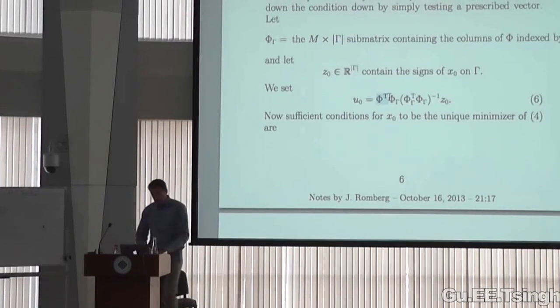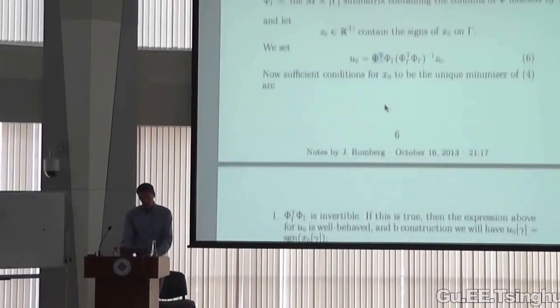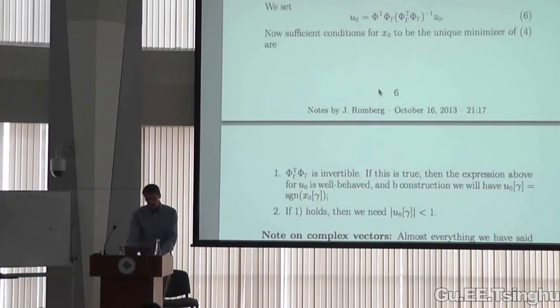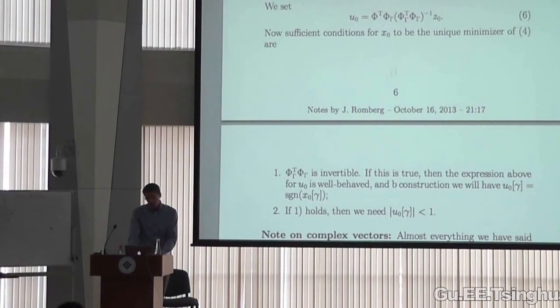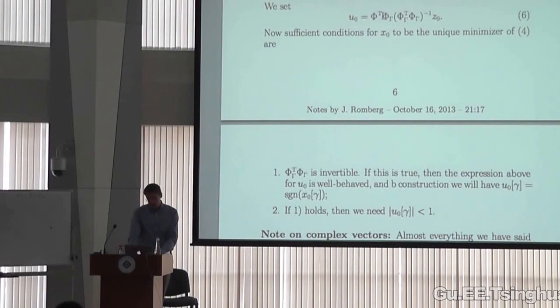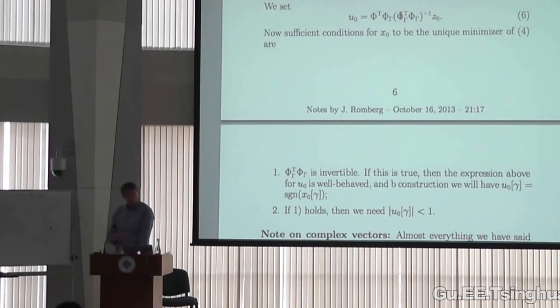Okay, so now sufficient conditions. The point of doing this is that we have two clear sufficient conditions. One is, if phi gamma transpose phi gamma is indeed invertible, if phi gamma really is full column rank, which has to be checked because nothing says it has to be true, then immediately on the support, u naught is equal to the sign of x naught.